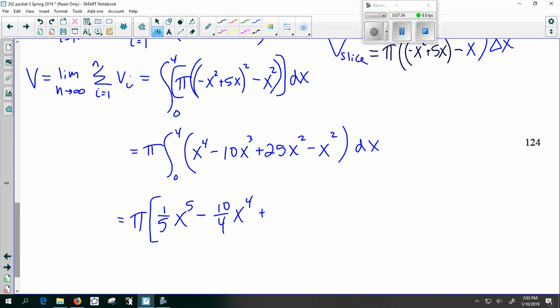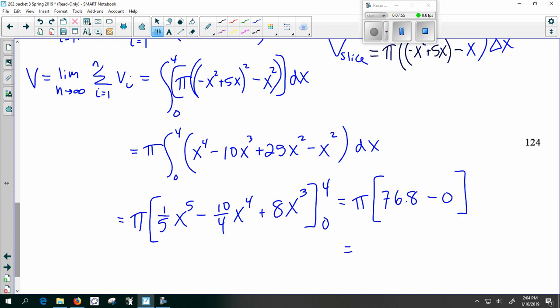So that becomes 24 over 3 x cubed, which is 8x cubed. And evaluate that from 0 to 4. And you get pi times, plug in a 4, you get 76.8. Plug in a 0, you get 0. So this is 76.8 pi.